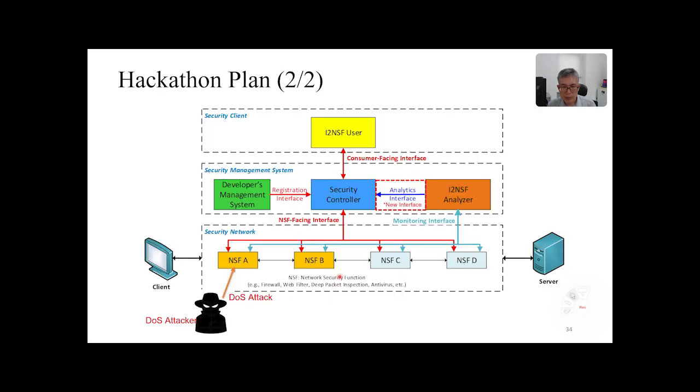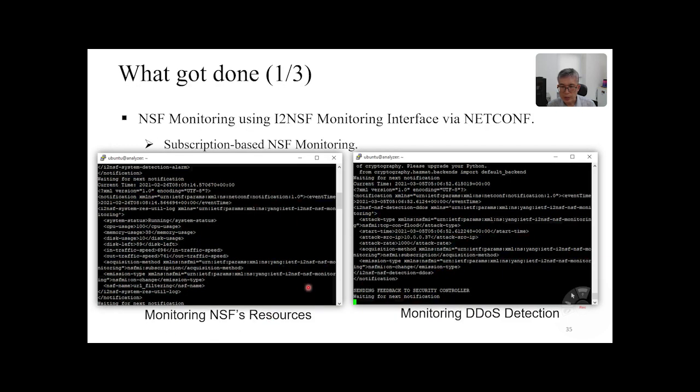The basic idea is that the hacker or attacker performs a denial of service attack, and then the I2NSF analyzer collects data and detects the attack from this DoS attacker.